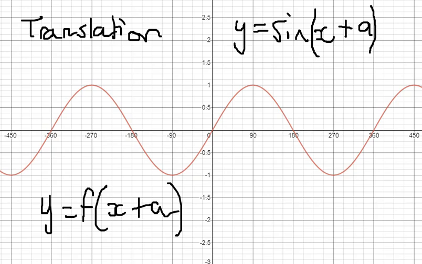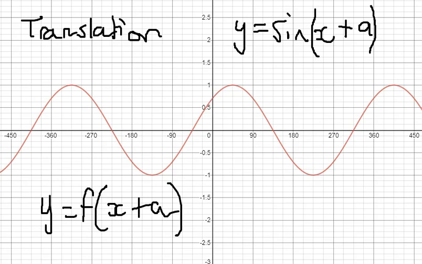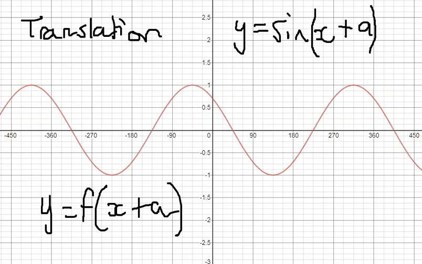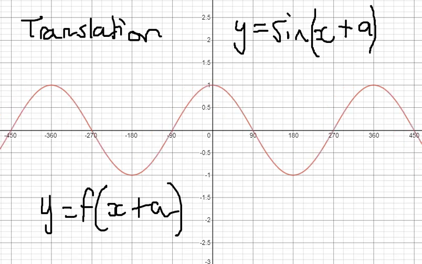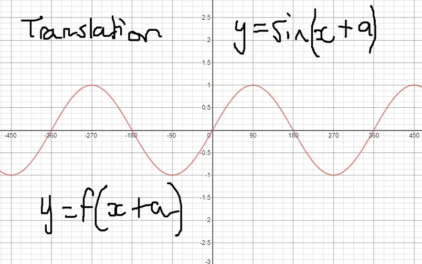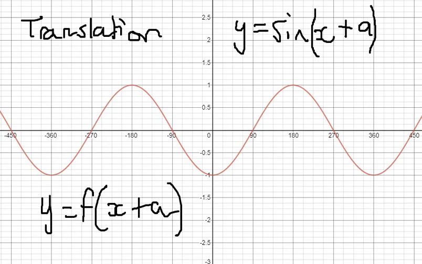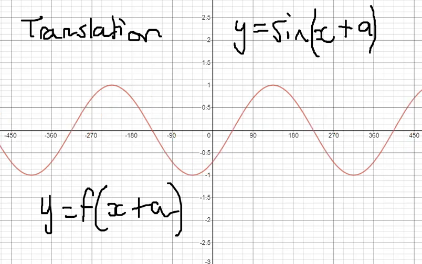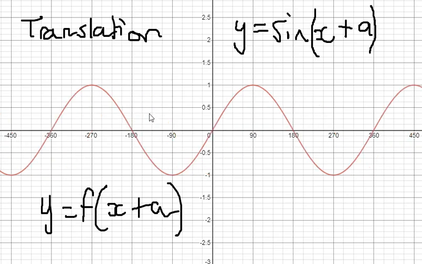So if we go to there and there, right, so now when I adjust my slider, if I add 90 or 135, it's actually moved to the left instead of to the right. And this is counterintuitive. You'd think it would move to the right, and it doesn't. Of course, if I make the a value minus 90, then it has shifted it to the right. So what's going on? Why is it going seemingly the wrong way?